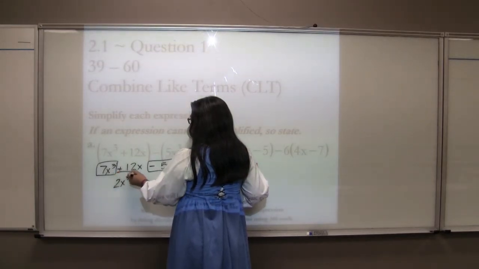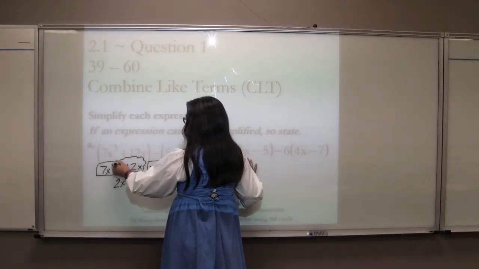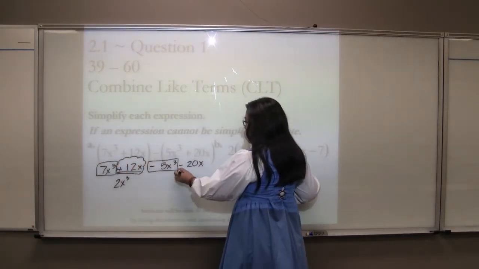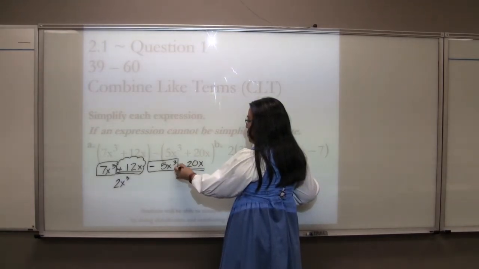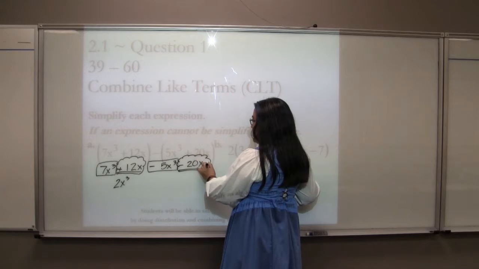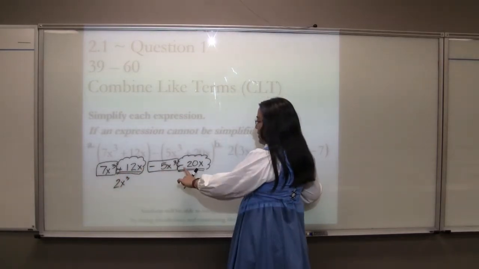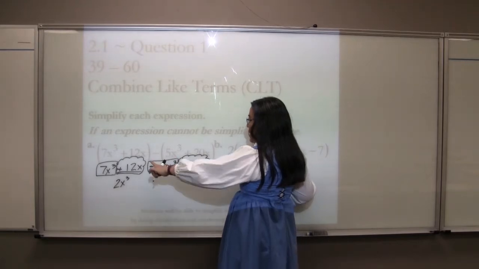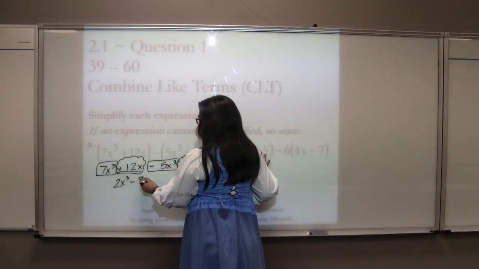And then other people want to double underline this or make it into a fancy box or something. Remember to make sure that you encompass the symbol in front of the term. This is a positive 12x and a minus 20x. And 12 minus 20 gives me negative 8. And we have the x.